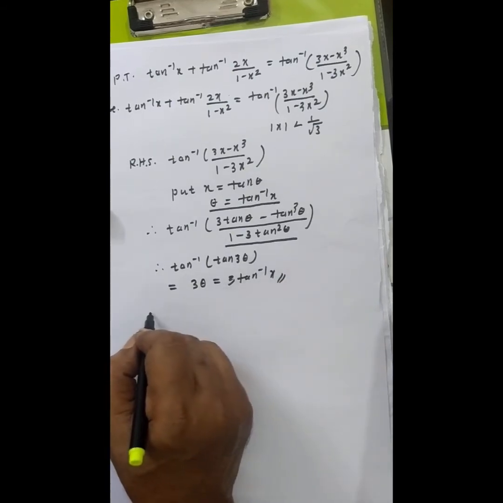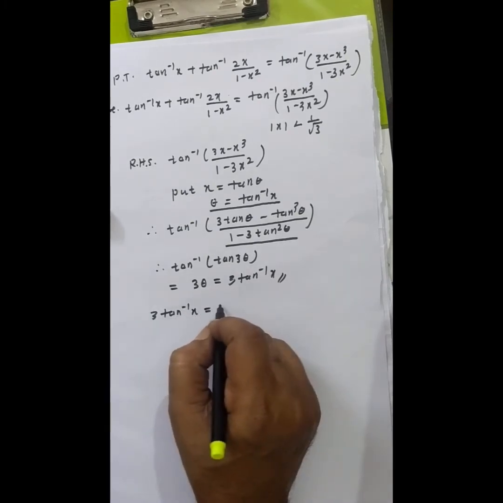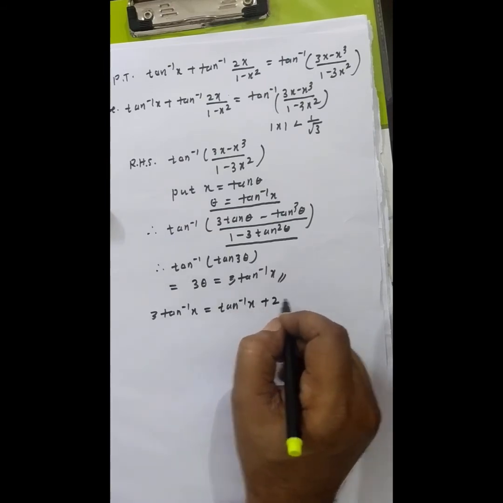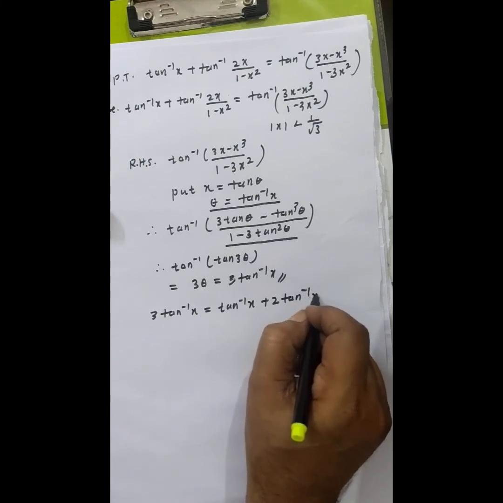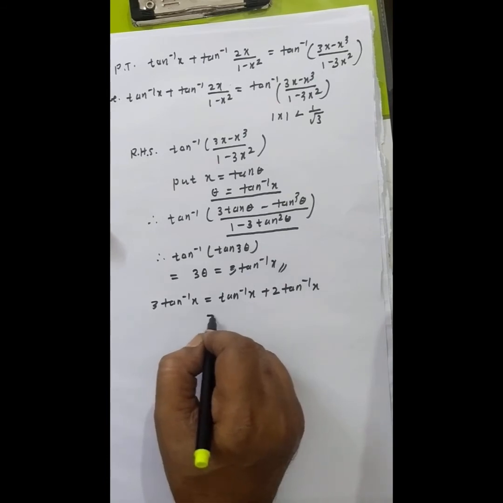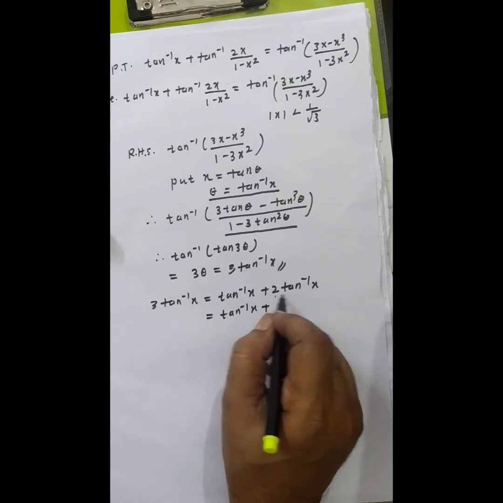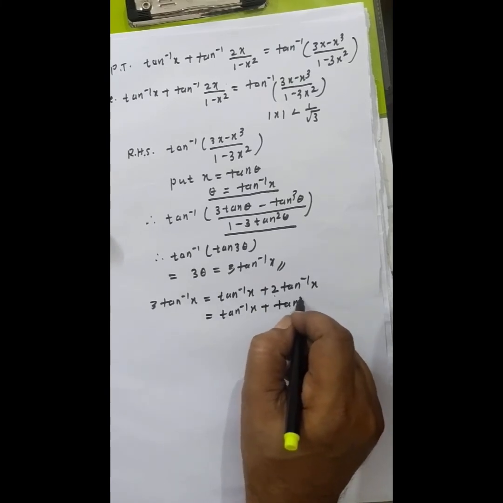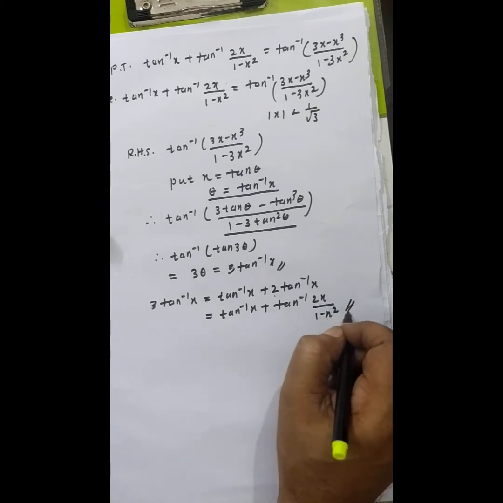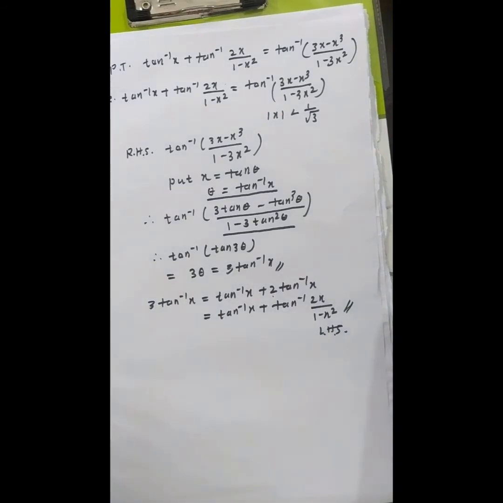But we can rewrite 3 times tan inverse of x as tan inverse of x plus 2 times tan inverse of x. Now this tan inverse of x I will keep as it is, but the value of 2 tan inverse of x is tan inverse of 2x divided by 1 minus x square. So this is your LHS.